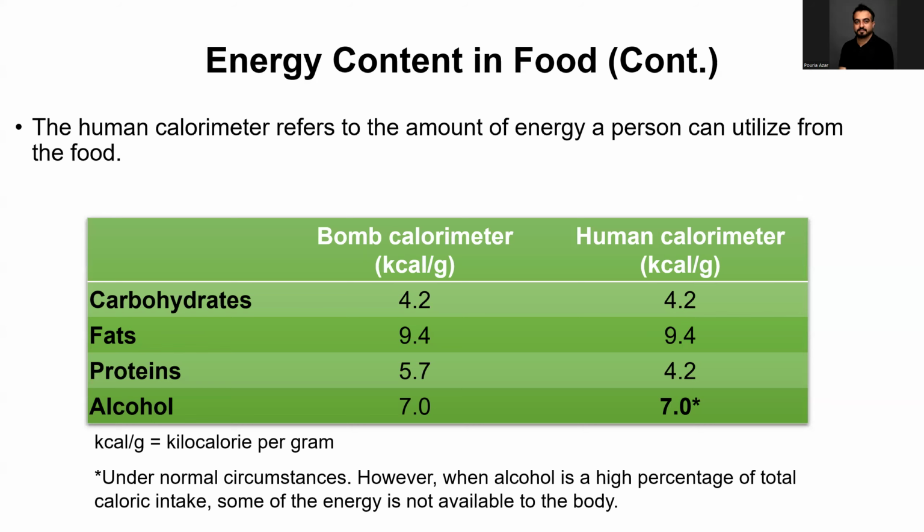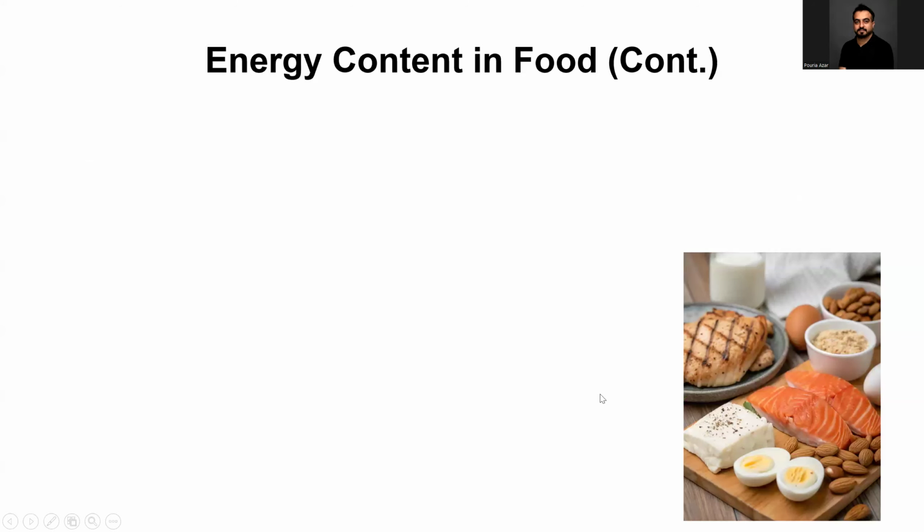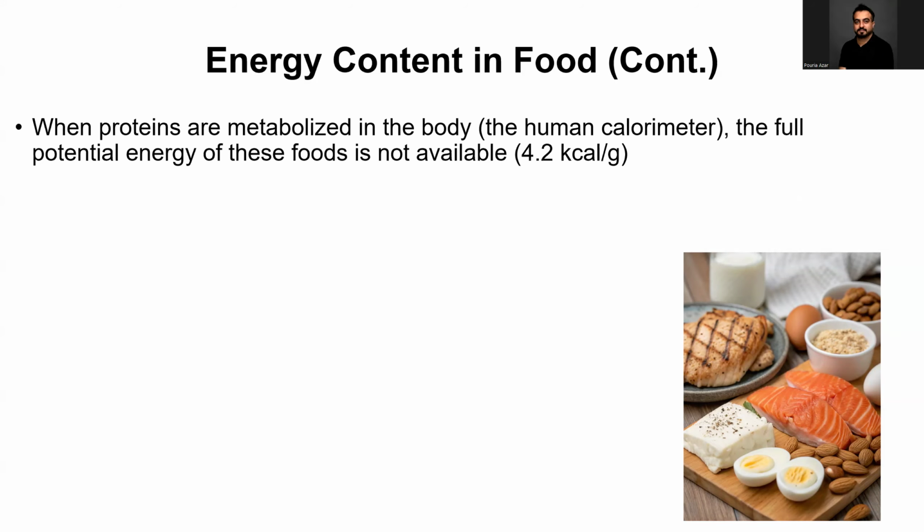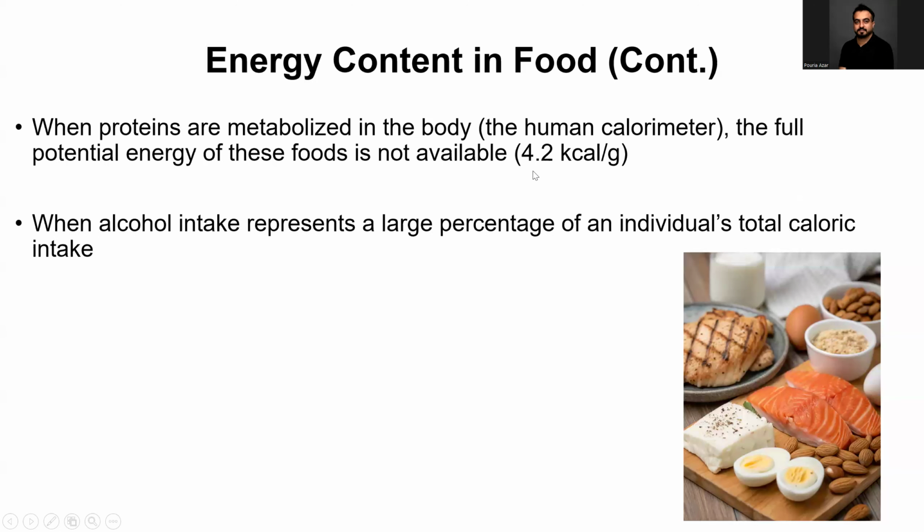And the reason why protein is different is because of the nitrogen. When proteins are metabolized in the body, the full potential energy of the protein foods is not available. That's why it's 4.2 kilocalorie per gram, which is the same as carbohydrates, because nitrogen is not metabolized, but is excreted.